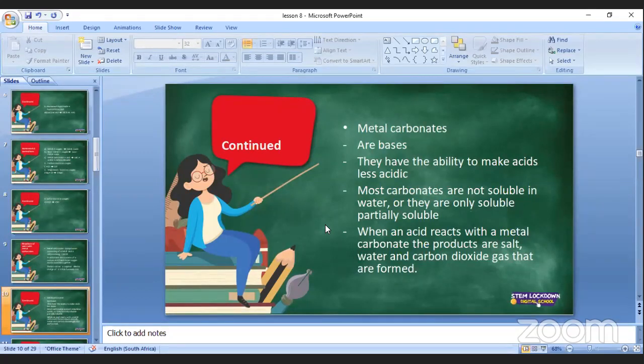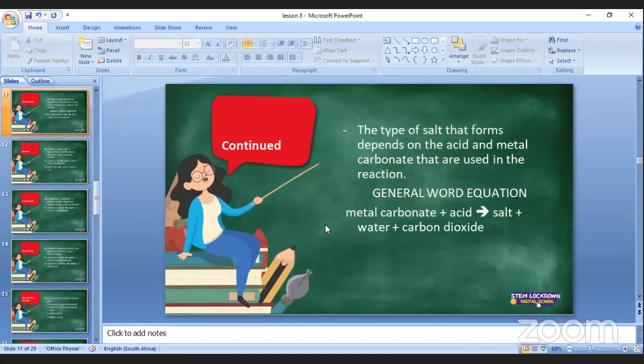Magnesium carbonate or any other carbonate, let's make an example with calcium carbonate. You already know that whatever reacts with that carbonate, you are going to have 3 products: a salt, water, and carbon dioxide. The salt is always determined by the type of acid in the reaction. Are we clear, grade 9s?